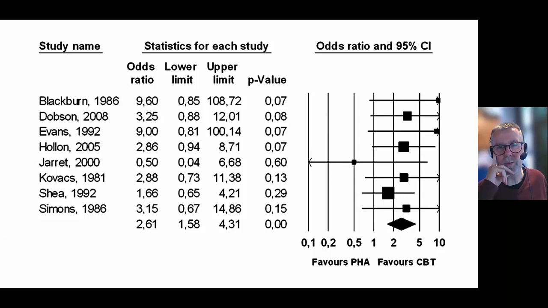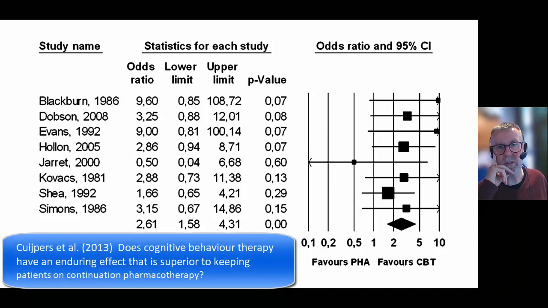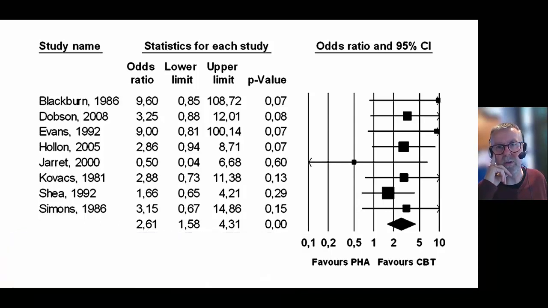This is apparent in this plot taken from Kuipers et al. 2013, looking at the long-term effects of cognitive behavior therapy, CBT, compared with pharmacotherapy, PHA, in the treatment of adult depression. You can see that only one primary study, that from Jarrett 2000, favours PHA. The others favour CBT.